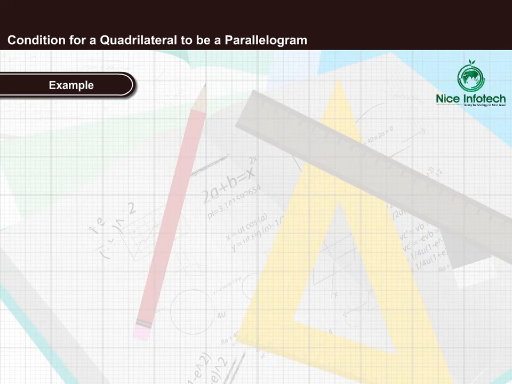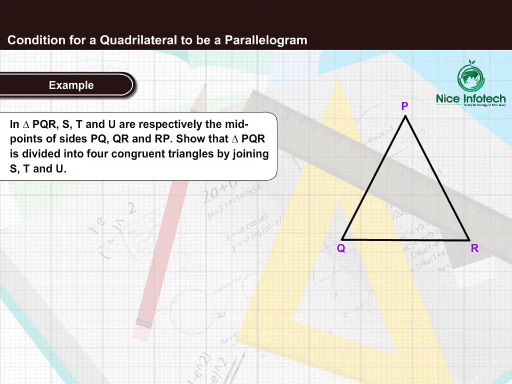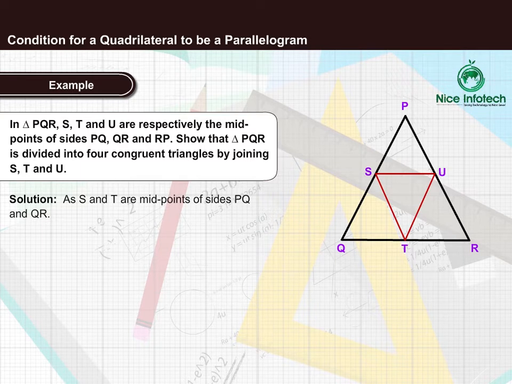Let's take an example. Look at the figure and show that triangle PQR is divided into 4 congruent triangles by joining S, T and U. Solution.